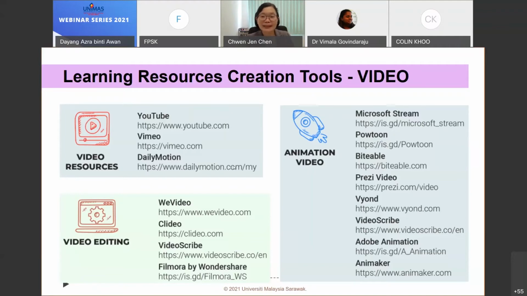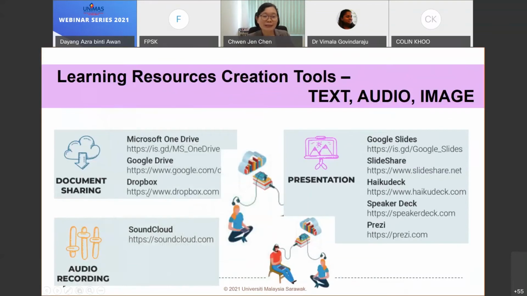And then next thing, for example, if you want to create document sharing, then you can have all these tools, the ones using OneDrive, or Google Drive. Or audio recording, you can use some tools like SoundCloud. If you were to do presentation, of course you can use PowerPoint.